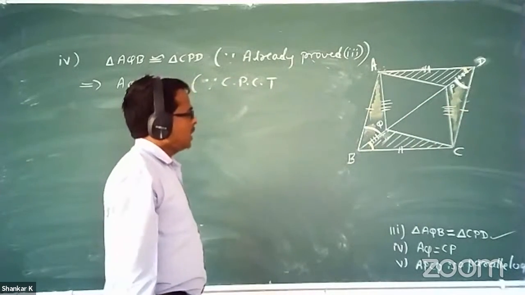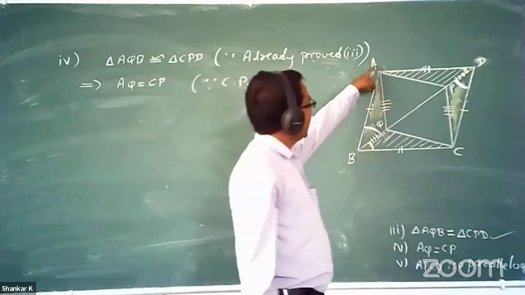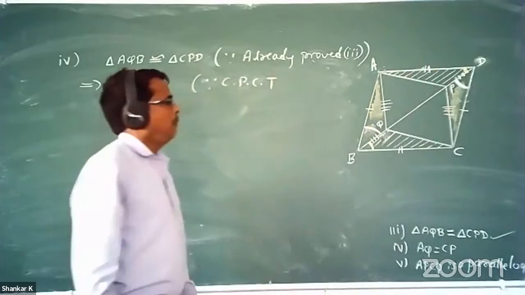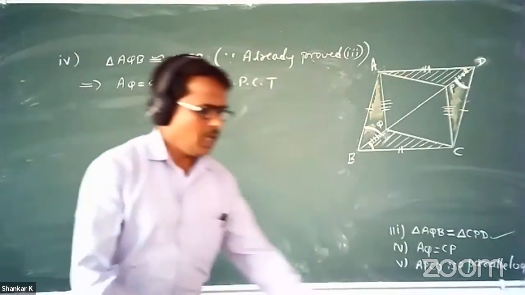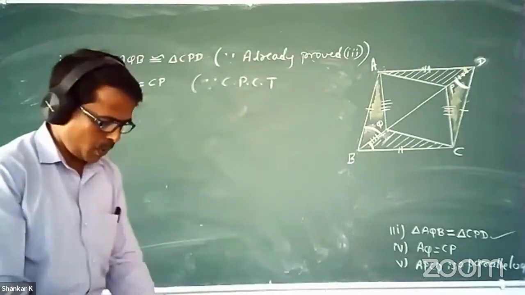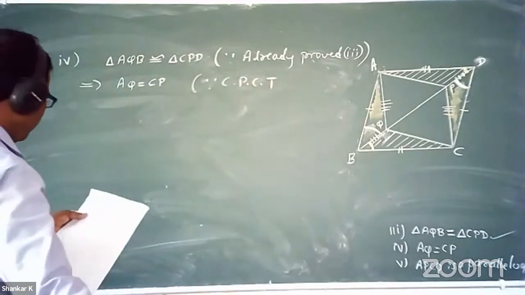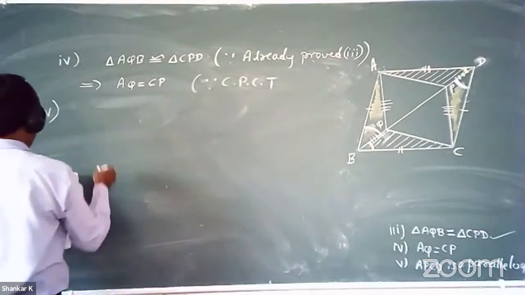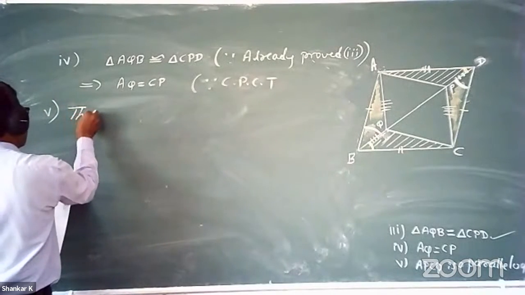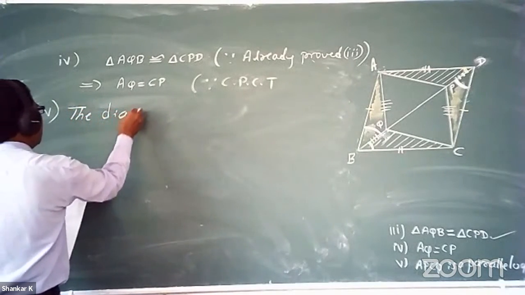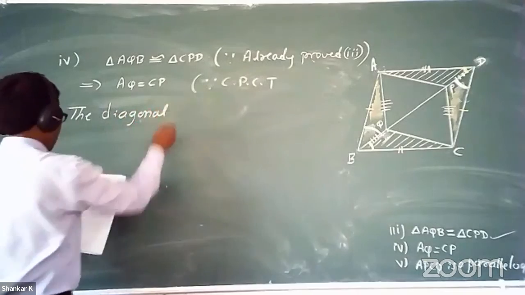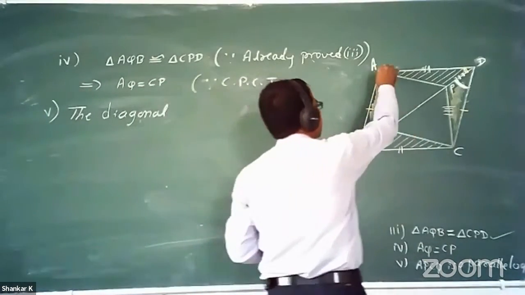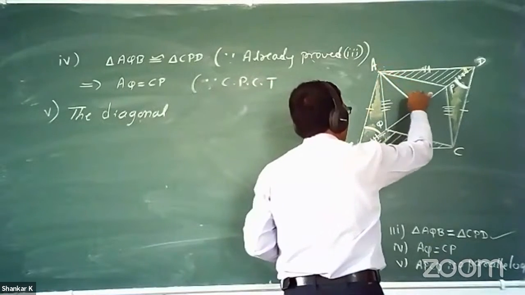Next part you should show AQCP is a parallelogram. Okay, that is the parallelogram we should show. Now I will go to the fifth point. The diagonal I have not constructed, I will construct now.